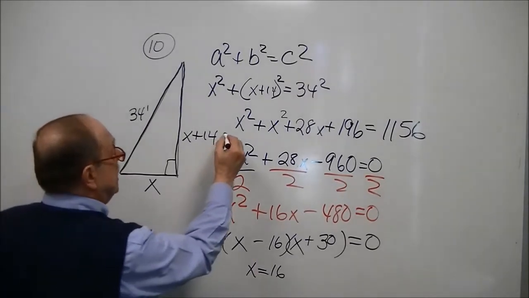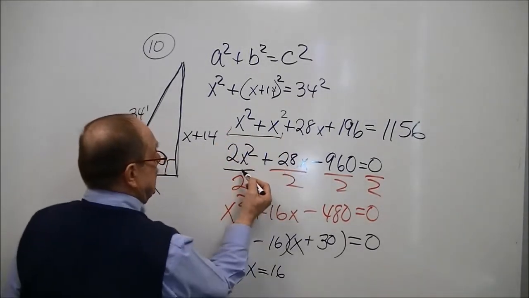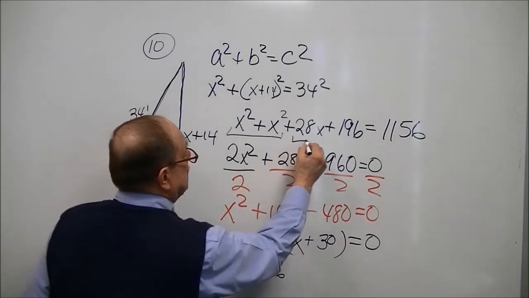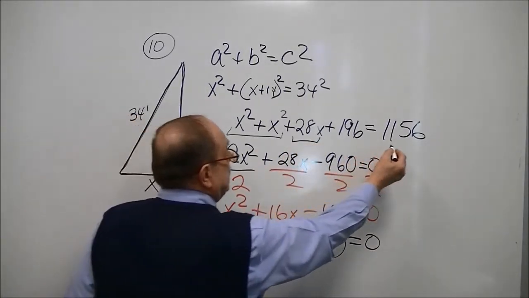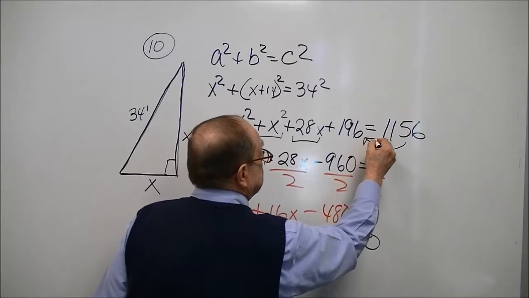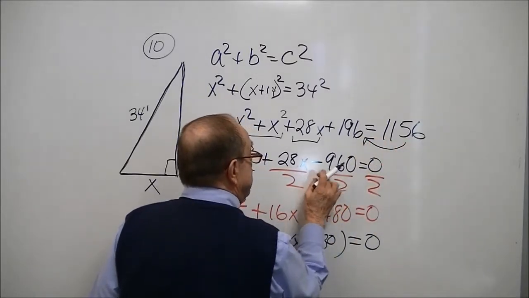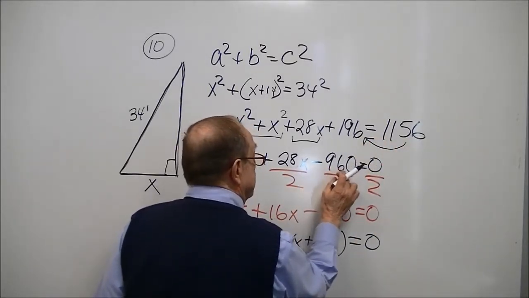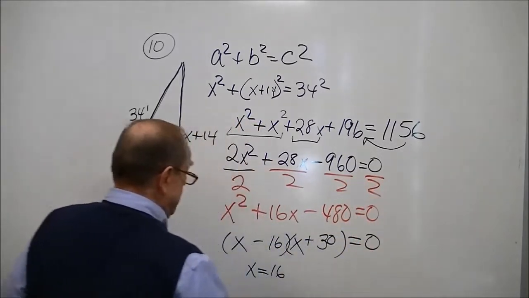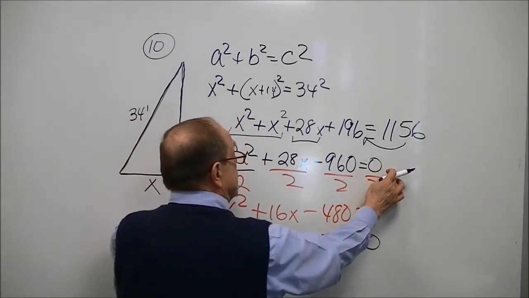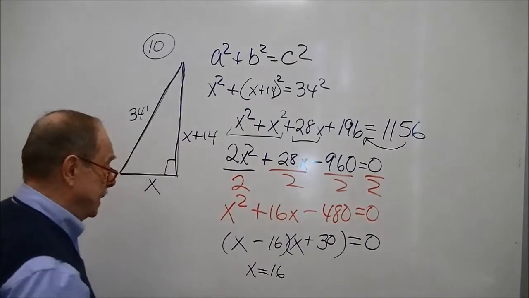All right, we're going to group like terms. And we're going to transpose this over, and it becomes a negative 960 equals 0. So now we have a quadratic equation in standard form.